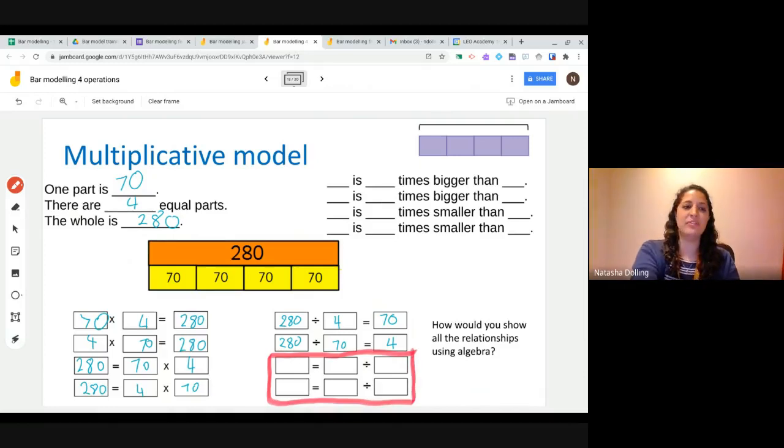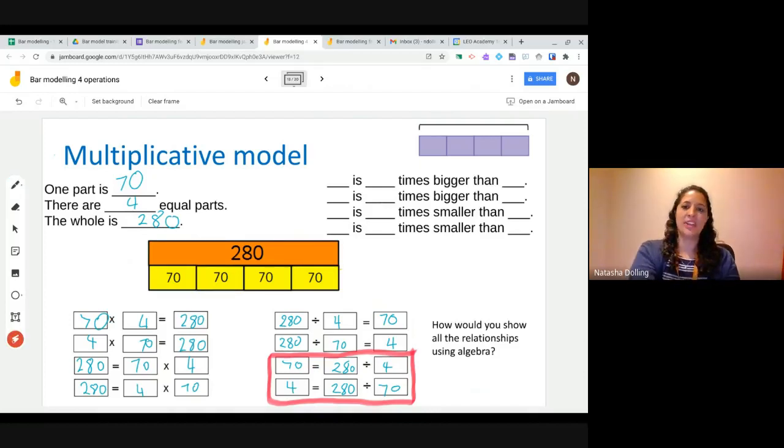It's subtraction and division, when the equal sign comes first, that really trip children up. You could have 70 equals 280 divided by 4, or you could have 4 equals 280 divided by 70. So well done for getting that.